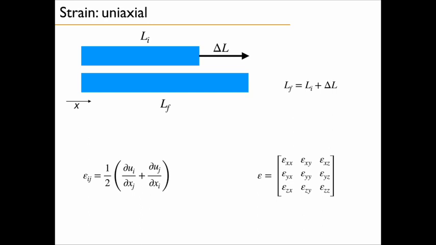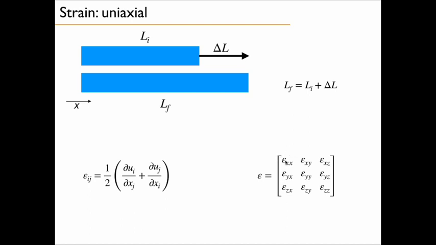So let's make an example of some expression of components. We have epsilon ij. This is the formulation with indices, or index notation. And as I told you before, it's a tensor, so it can be written as a matrix. Here's the infinitesimal strain tensor written as a matrix.